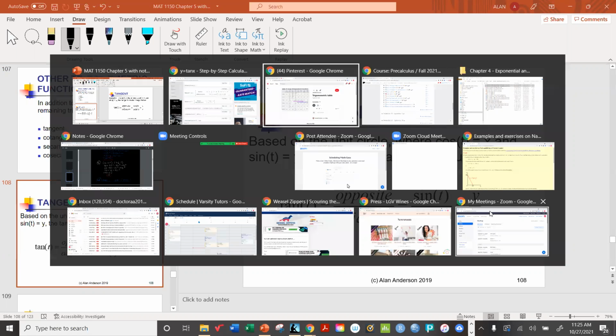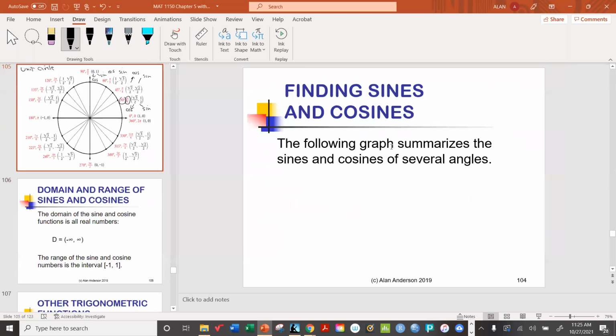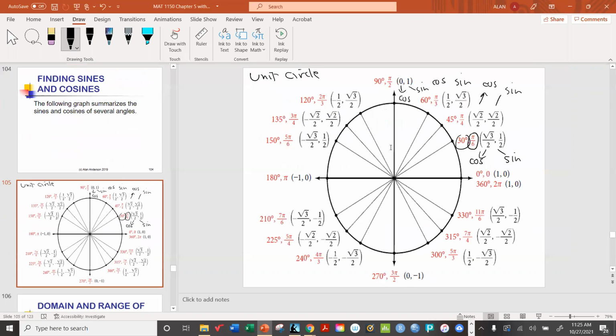Okay, so we go back to the unit circle for a second. If I wanted to know the tangent of, let's say, 30 degrees, it's the cosine over the sine. Radical 3 over 2 over a half, which is just radical 3. Okay, so in other words, it could be done.